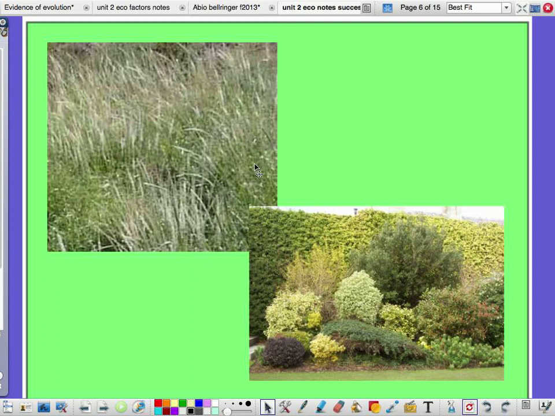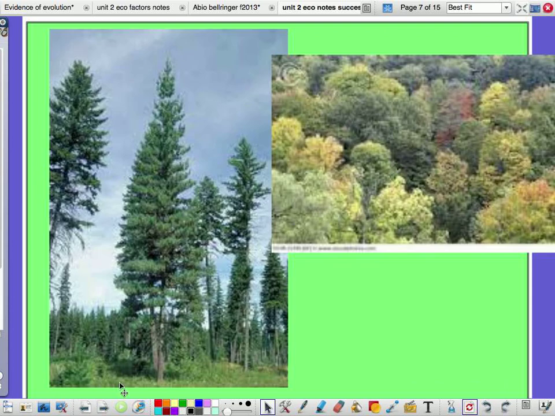That continues to break down the rock and make more soil, and then you get your next level up, which would be small shrubs or flowering plants, and then small trees would come in after that, and eventually the big mature trees. So you get this kind of effect in the end.